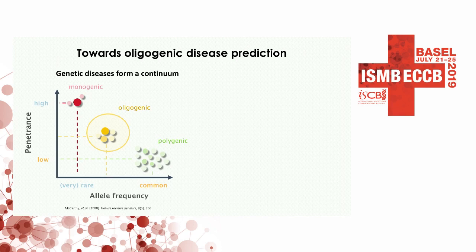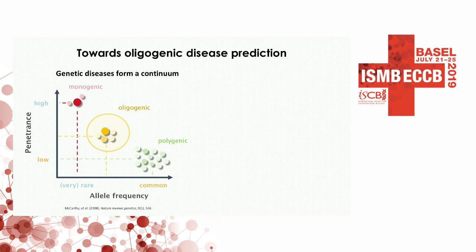And on the other side, you have the polygenic diseases involving many common variants on multiple genes with a small effect. And in the middle of this continuum, you have the oligogenic diseases involving two or a few genes. And they are of intermediate penetrance and allele frequency.